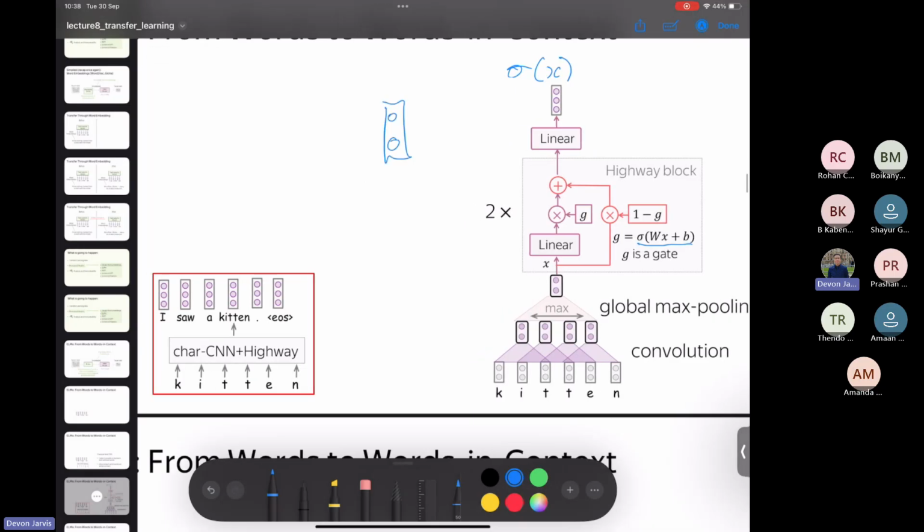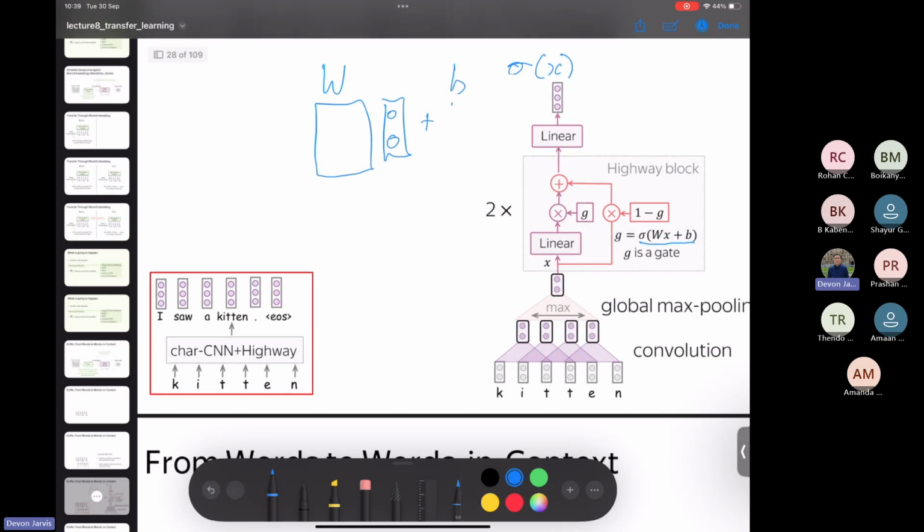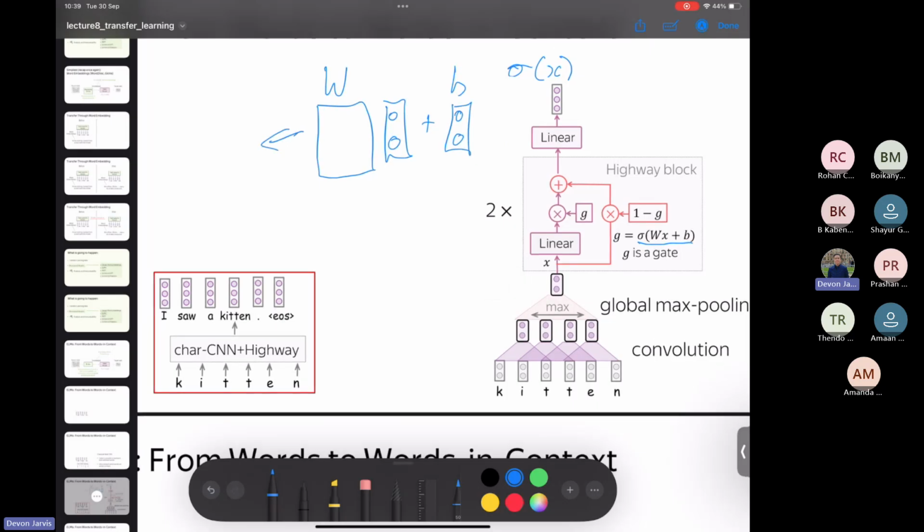You're going to multiply that by some weight matrix W, and then you're going to add back B. So you do an affine transformation if you want to keep it mathy, and that's going to give you ultimately a new vector of the same size as the original. Then you apply the sigmoid to that individually. You apply that S-shaped function to each element of the vector individually. And then that will tell us how much we're interpolating for each dimension of this vector.